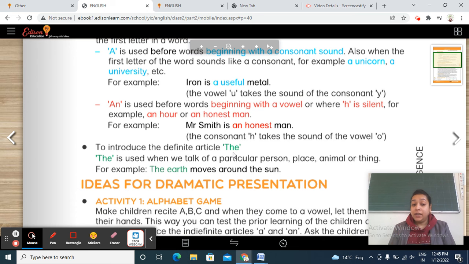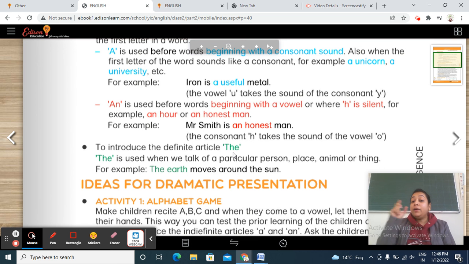Getting this point? Then the is used when we talk of a particular person, place, animal, or thing, but not the name of the person. We will not write the Shah Rukh Khan, sorry, only Shah Rukh Khan.